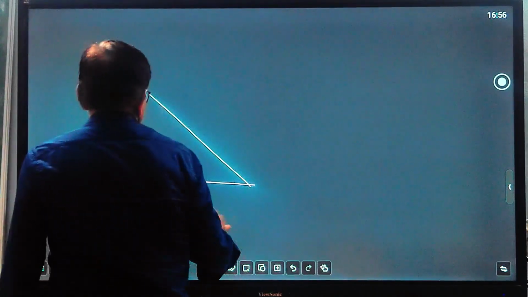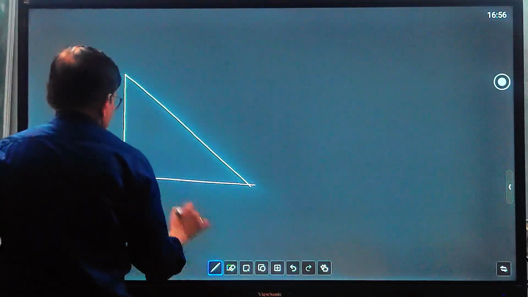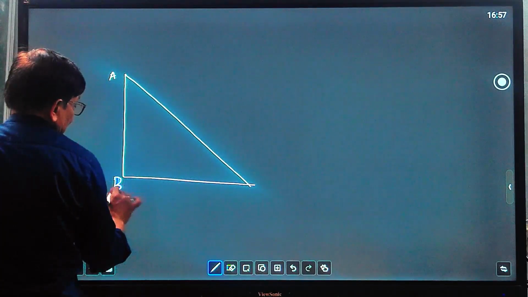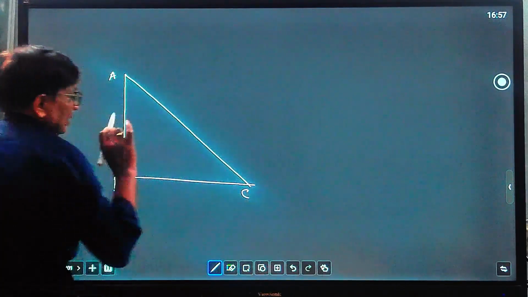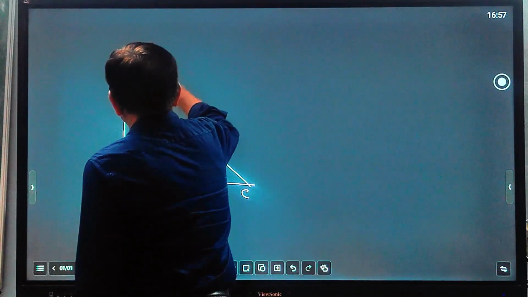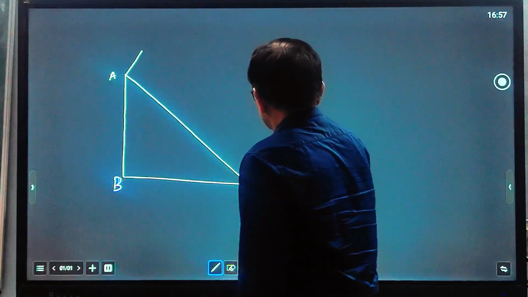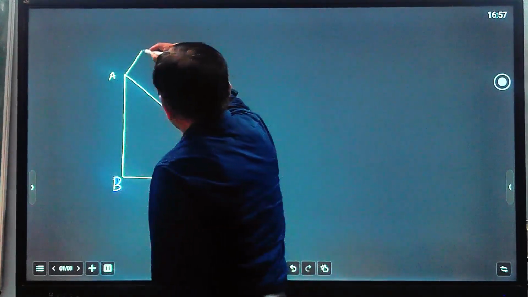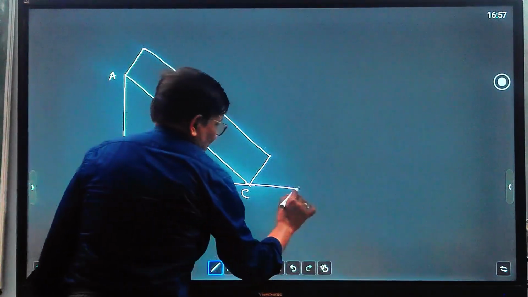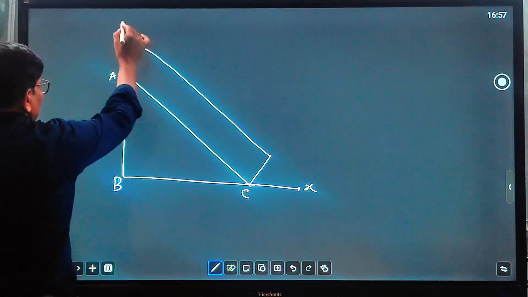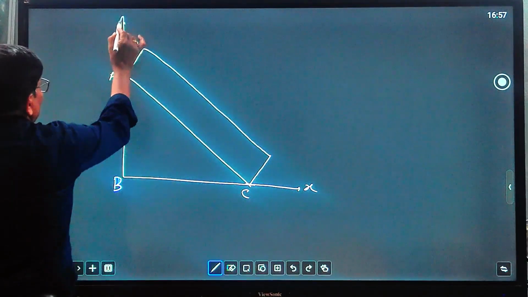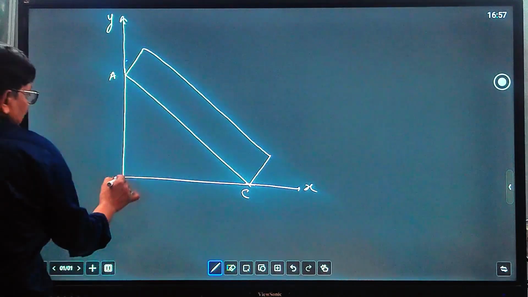So this is a small triangular wedge, with points A, B and C, and the thickness is 1. This is the thickness of the wedge. This is direction x, and this is direction y, and this is the direction z.